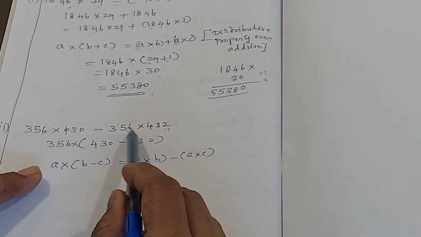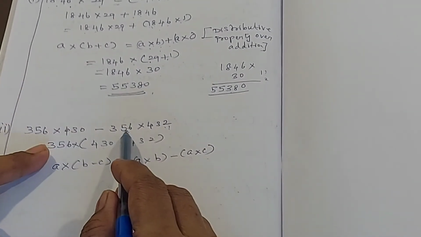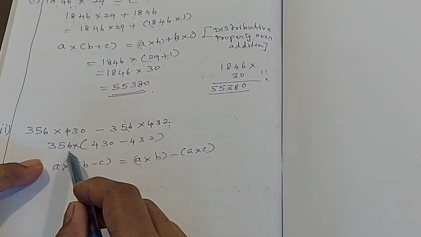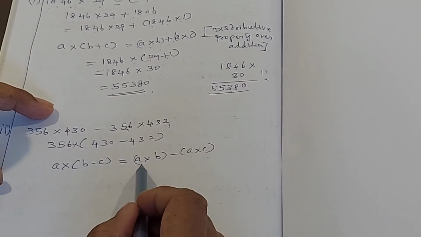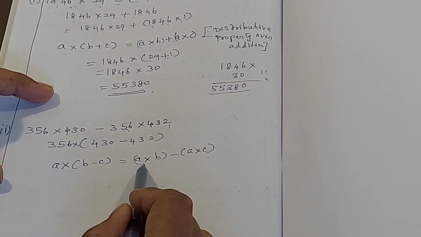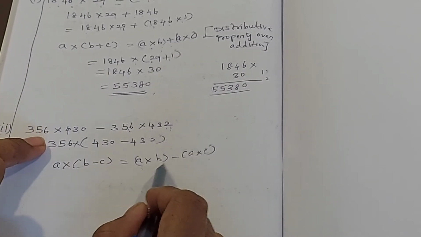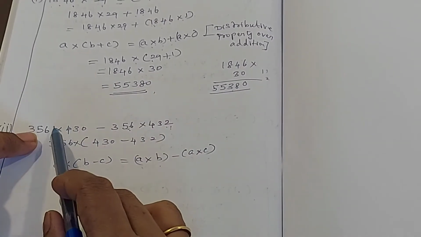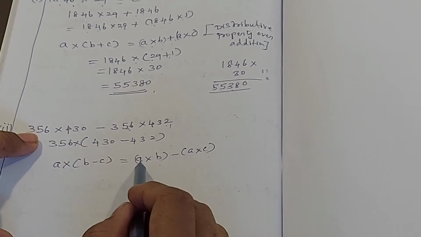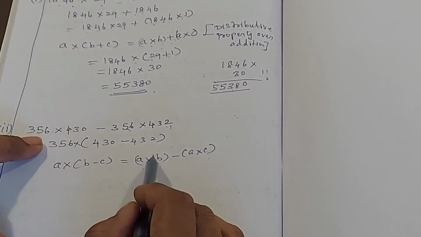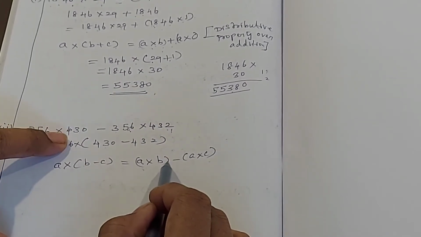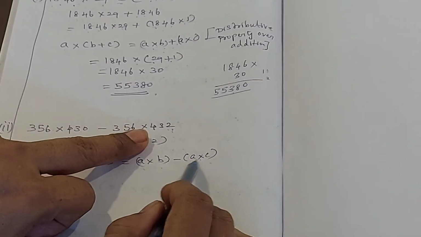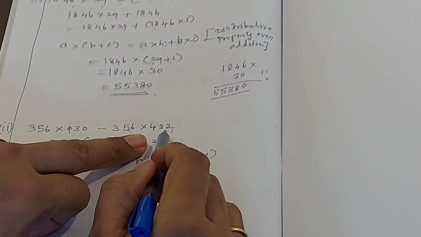Do you understand how we are connecting this property to this problem? See, A cross (B minus C) we have formed now, but in the problem they have given it in the same property form, that is A cross B minus A cross C. See, the first term is equal in both the terms, that is A. If we take this 356 as A, A cross B is 430 and A again 356 is coming, A cross C is 432.